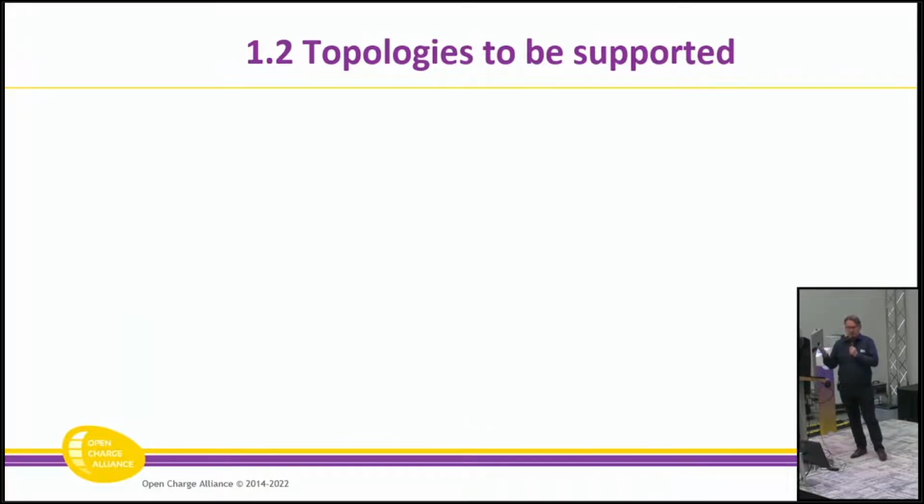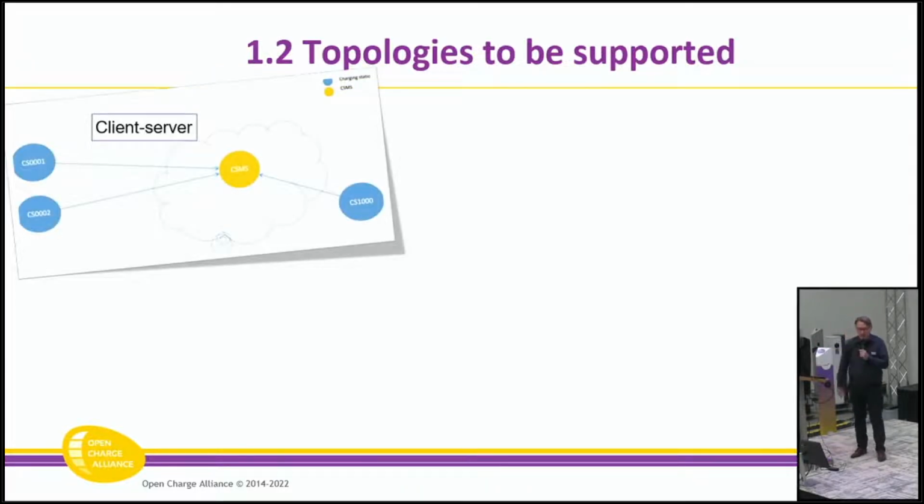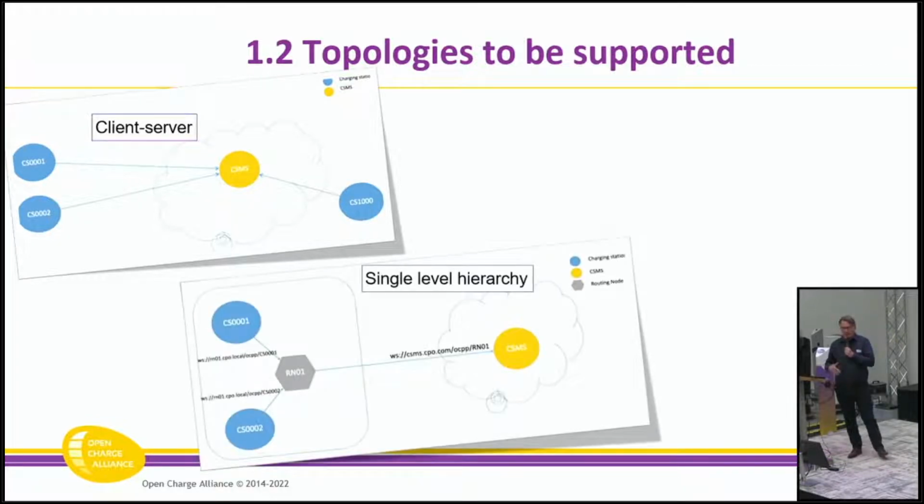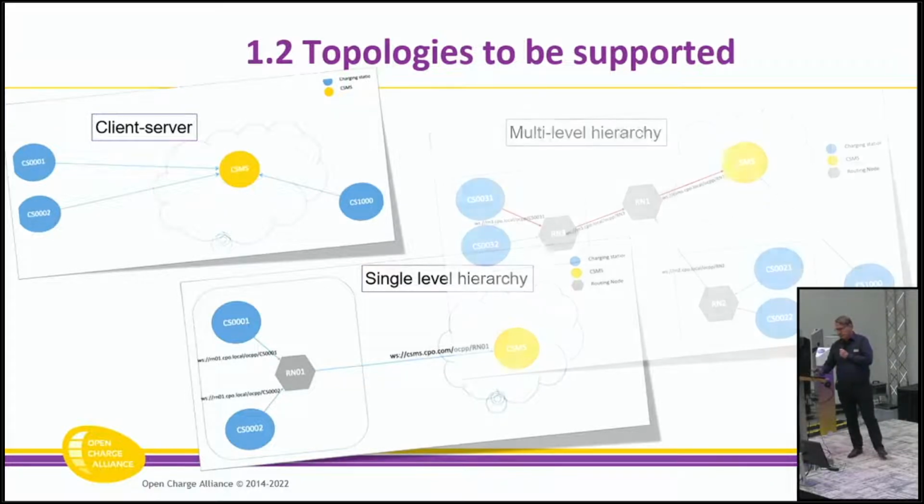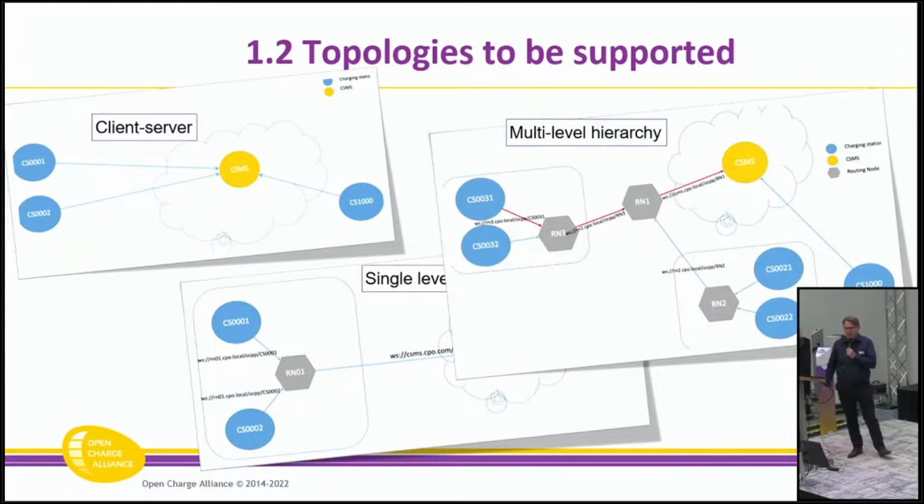First, what kind of topologies do we want to support with OCPP? Of course, the regular client-server that you see here should still be supported with a routing capability. We want at least a single hierarchy level where you have one cluster, but preferably also multiple levels of hierarchy with different routing nodes in between.